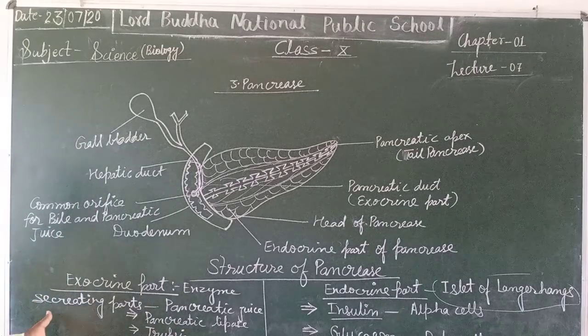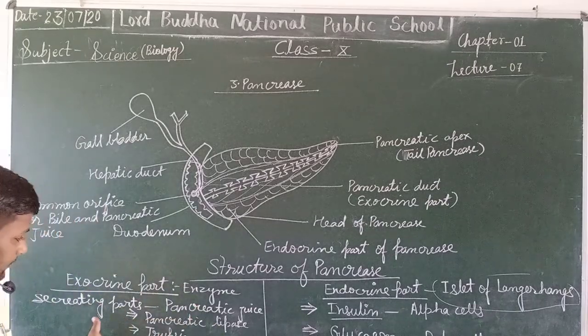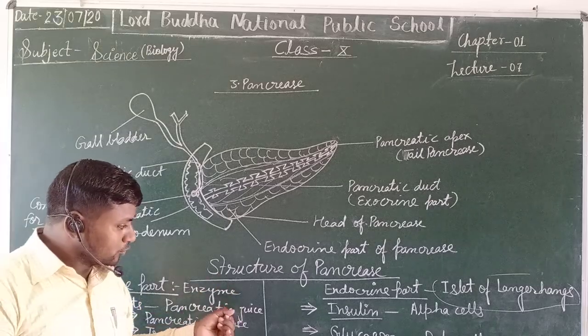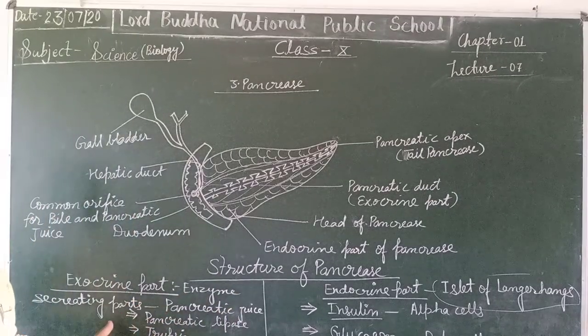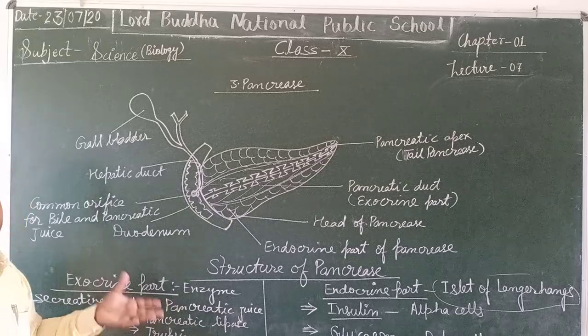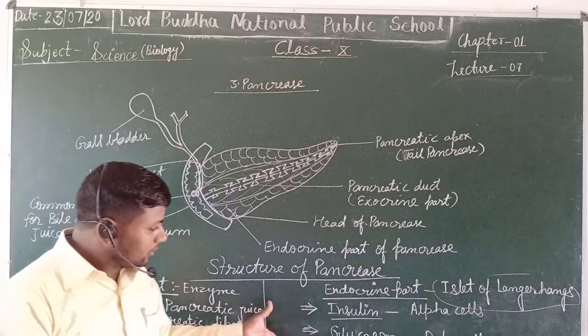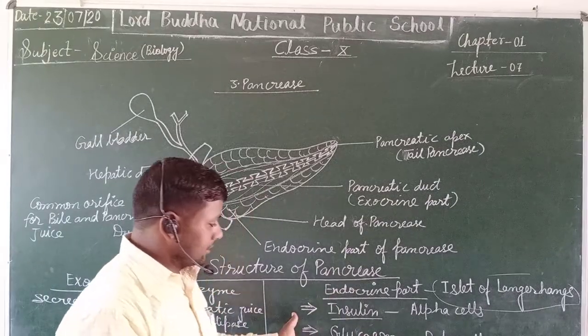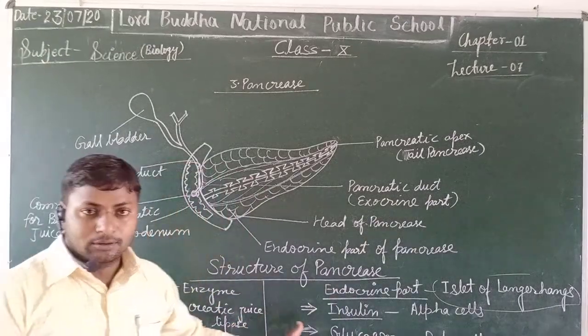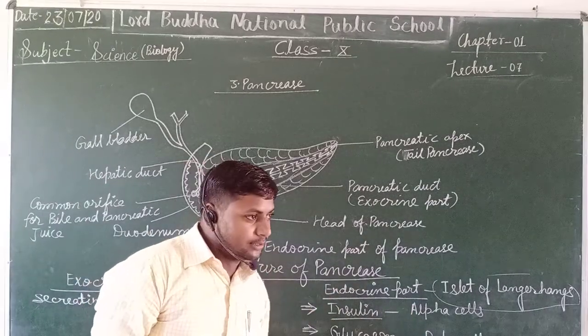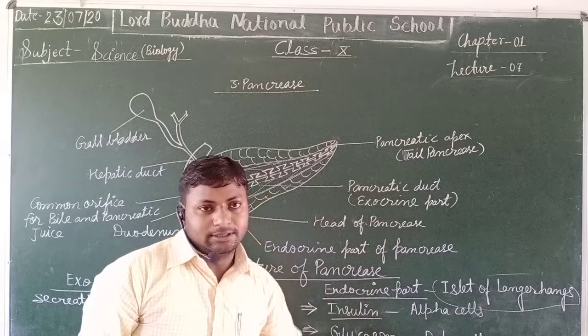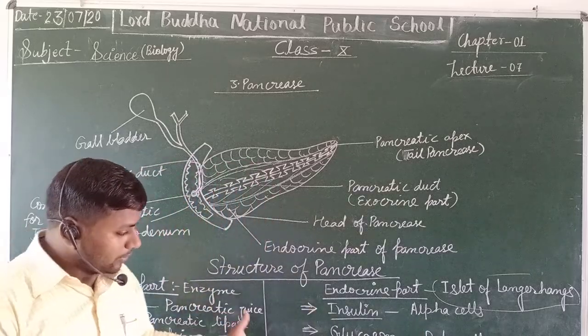The exocrine part secretes enzymes present in pancreatic juice for the digestion and oxidation of various components of our food, and the endocrine part helps in control and coordination of the glucose level as well as the passage and digestion of food in our digestive tract.